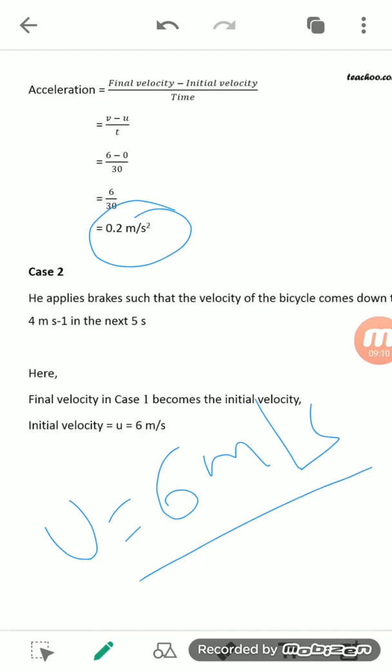So the initial velocity, the velocity before he applies the brake, was 6 meter per second. And when he applies the brake, the velocity comes down and reaches 4 meter per second.